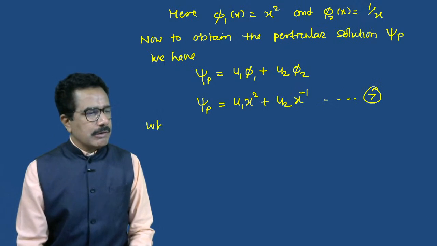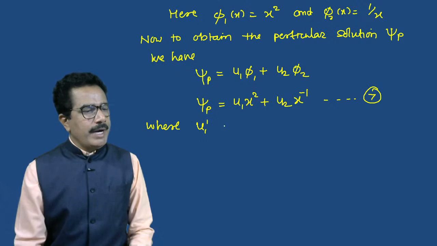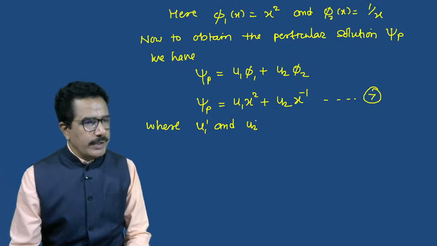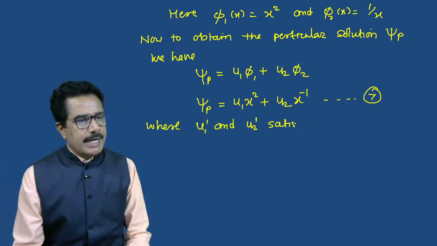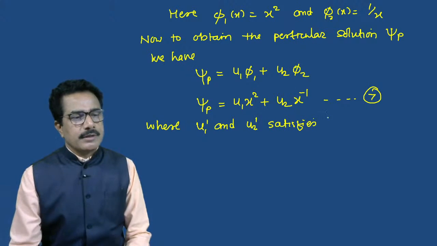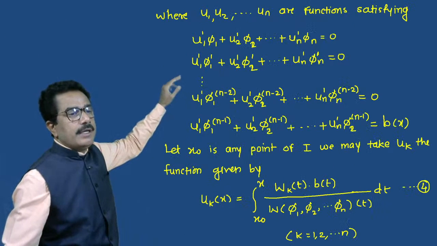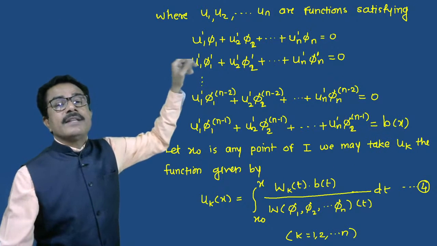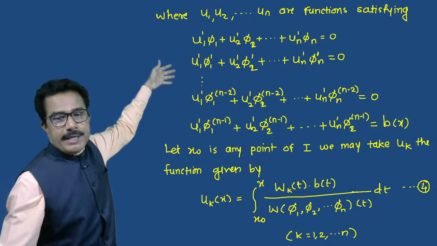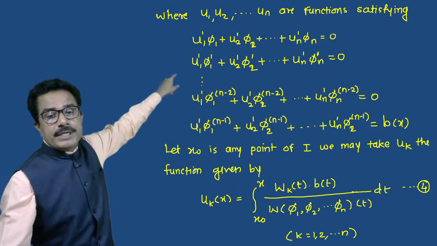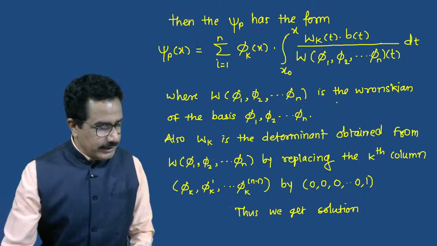where u1 dash and u2 dash satisfy, see this, according to the theorem u1 and u2 are the functions which satisfy this equation. We have to use this method here, satisfying the conditions.